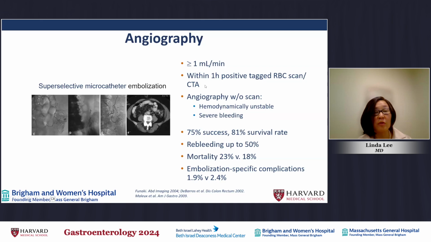It should be performed within an hour of a positive tagged RBC scan or CT angiography. And rebleeding rates occur up to 50% of the time, seems to be lower with diverticular bleed compared to bleeding from AVMs, for example. And embolization-specific complications seem to be far lower nowadays.